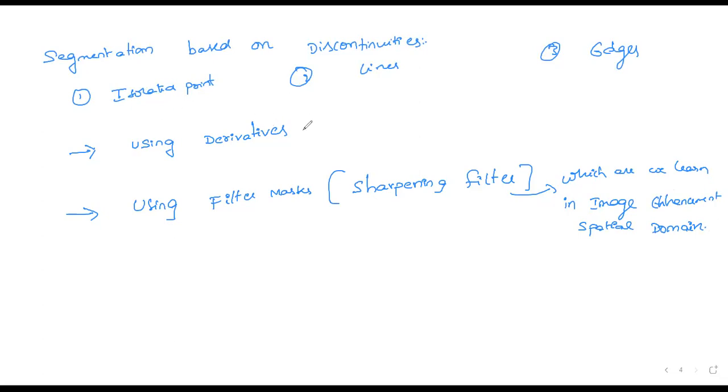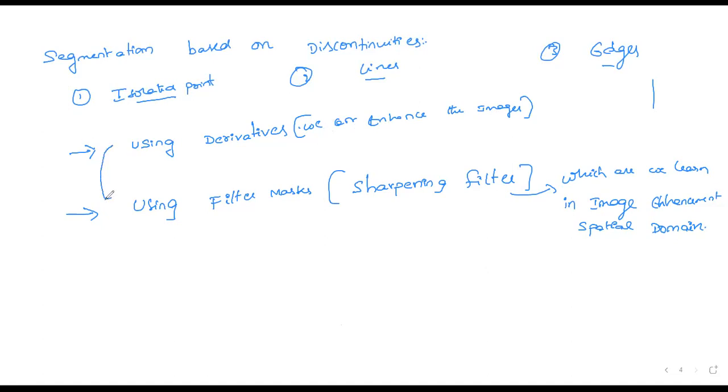Using derivatives also we can enhance the images, because what we are doing here is highlighting the isolated points, lines, and edges. After highlighting, at that part we divide. So highlighting is similar to enhancement only.